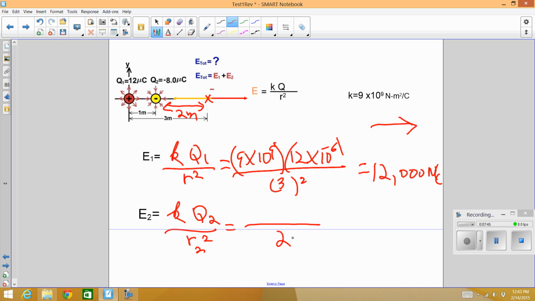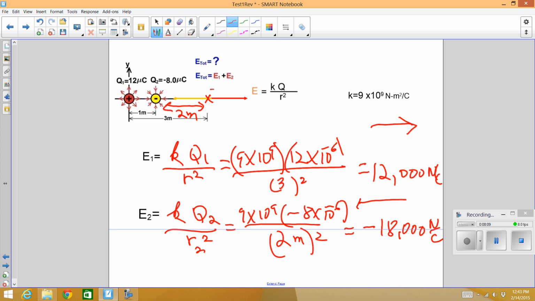So it'll be 2 meters squared, 9 times 10 to the 9th, multiplied by minus 8 times 10 to the minus 6th, gives you a field of minus 18,000 newtons per coulomb. So the minus tells you that it's actually pointing that way.